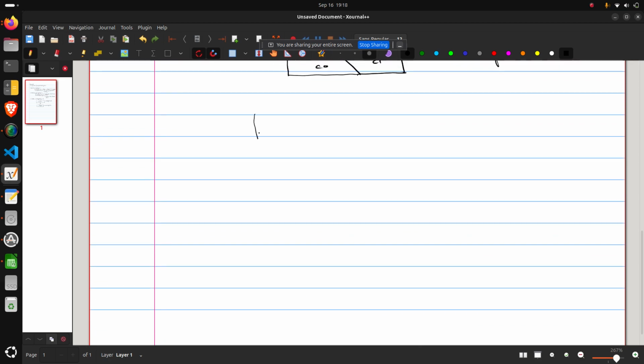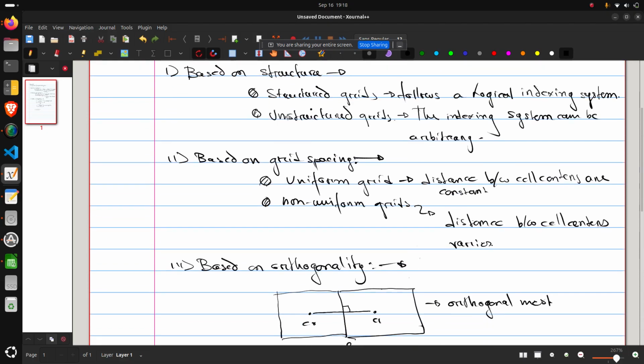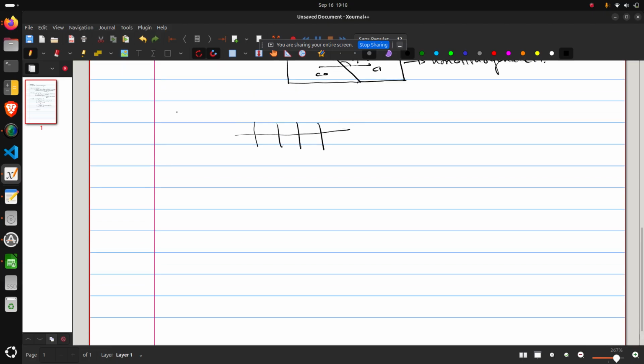So till now we have only restricted our studies to uniformly spaced structured grids, right. Now we will turn our attention to unstructured grids. Why do we want to do that?